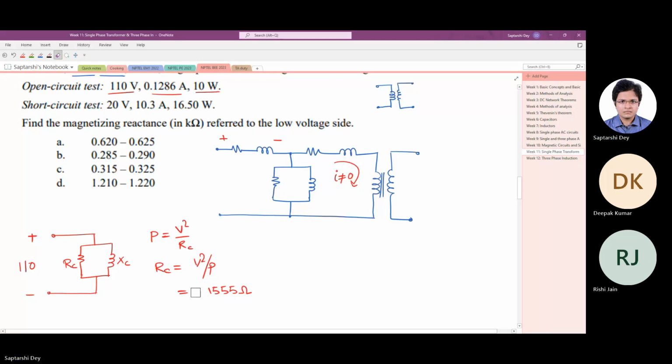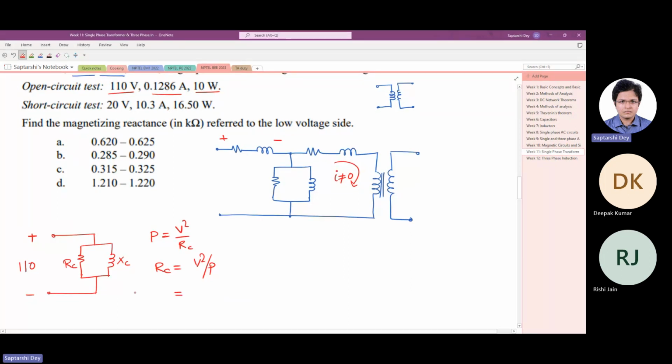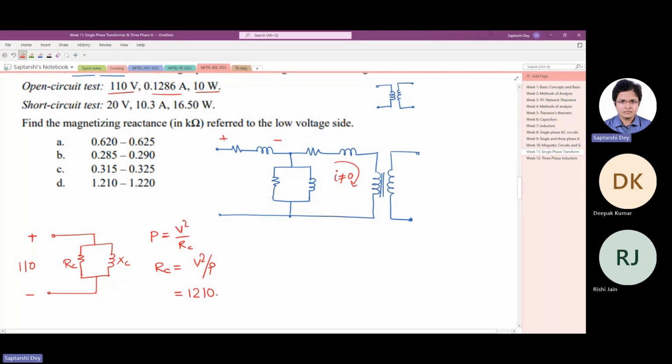No, sorry, this is not RC. RC cannot be this small, right? I wrote the other value of R. This V squared by P will come to 1210 ohm. Magnetizing branch resistance and inductance are very large, otherwise they will almost short circuit the supply. Now if it is 1210 ohm, then from here we have to find out XC.